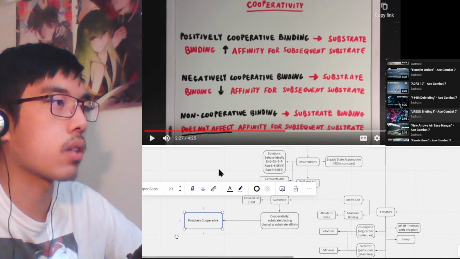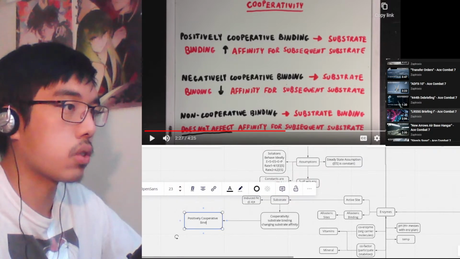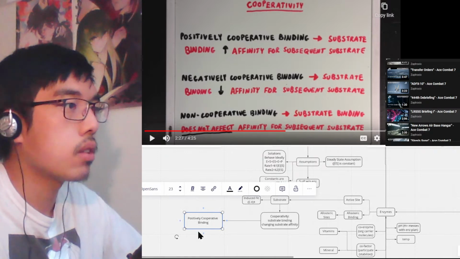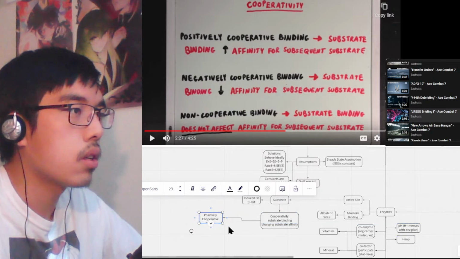Okay, so this is the case where I don't actually need to write the definitions. I just need to write down the names, because that is self-explanatory, which is great. Love it when something's self-explanatory.